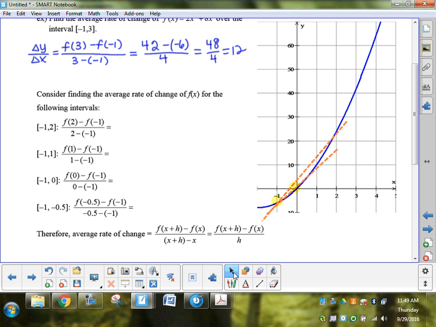And this row here, from -1 to -1/2. So go through right now and determine what that's going to be. And by the way, you should be able to fill in almost all of this pretty easily. You know what the function's value at -1 is. You found it up above.